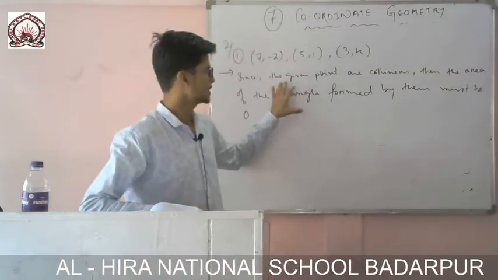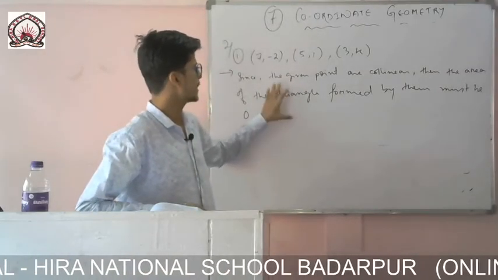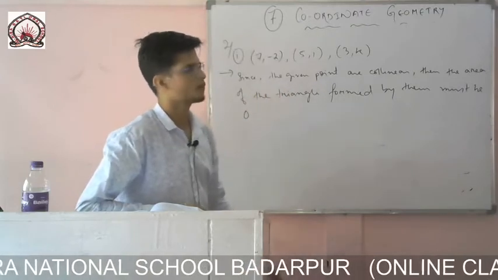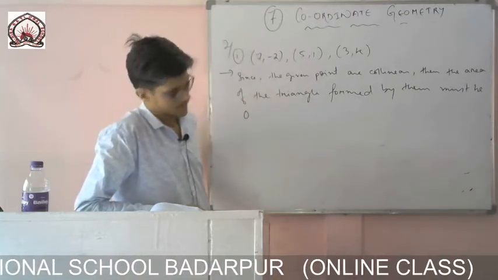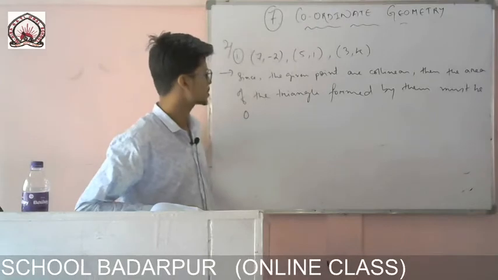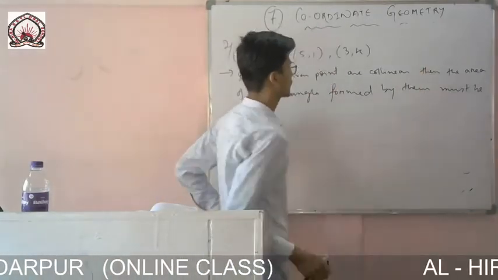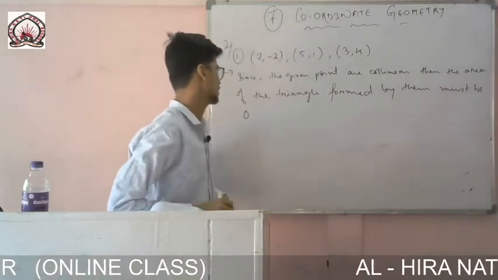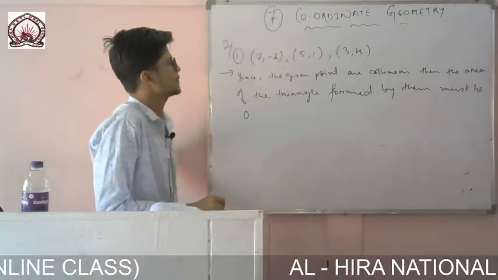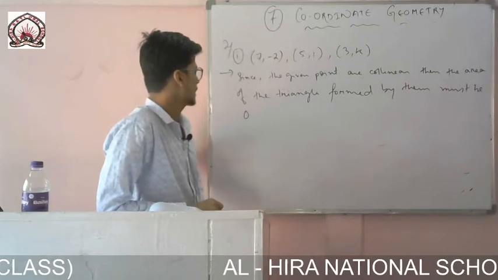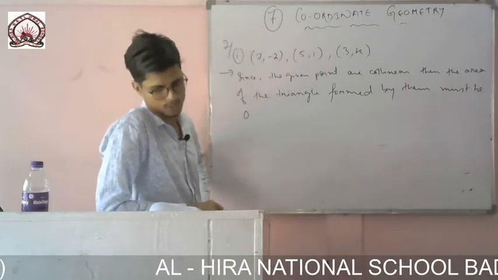What I have written is: since the given points are collinear, then the area of the triangle formed by them must be 0. You can give a comma or else directly write the area of the triangle formed by them.